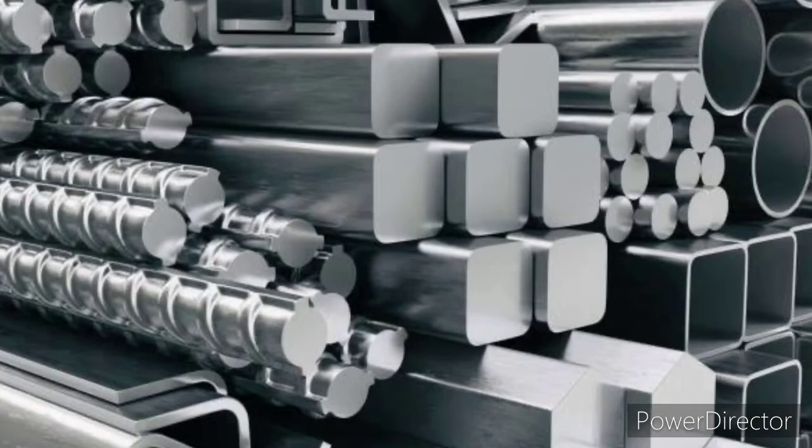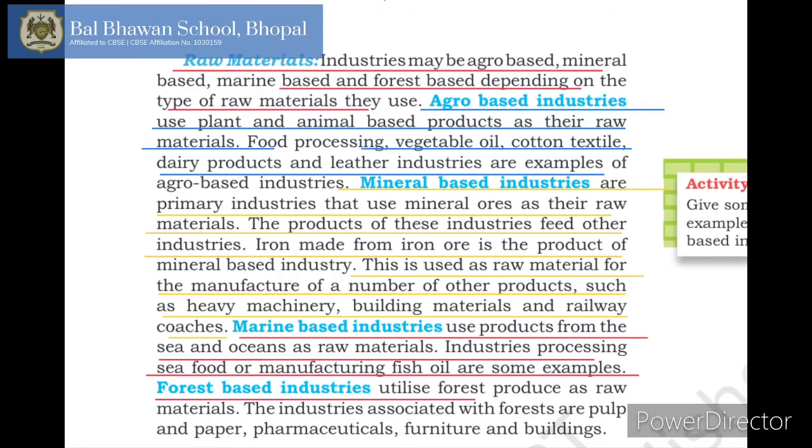The products of these industries feed other industries. Iron made from iron ore is the product of mineral based industries. So, the other industries are going to use iron and they are dependent on mineral based industries.